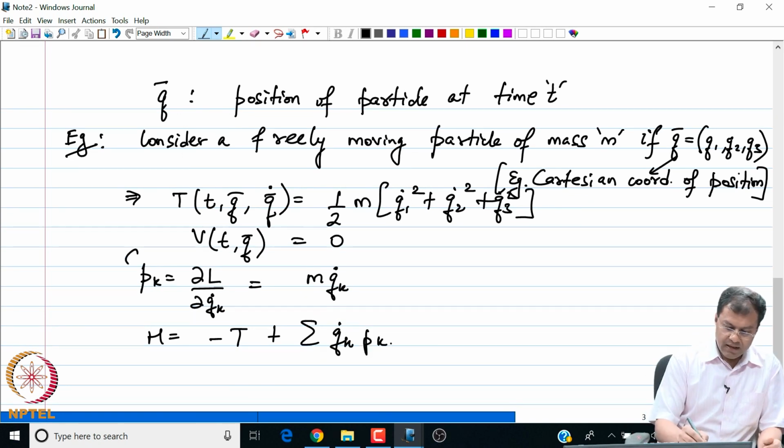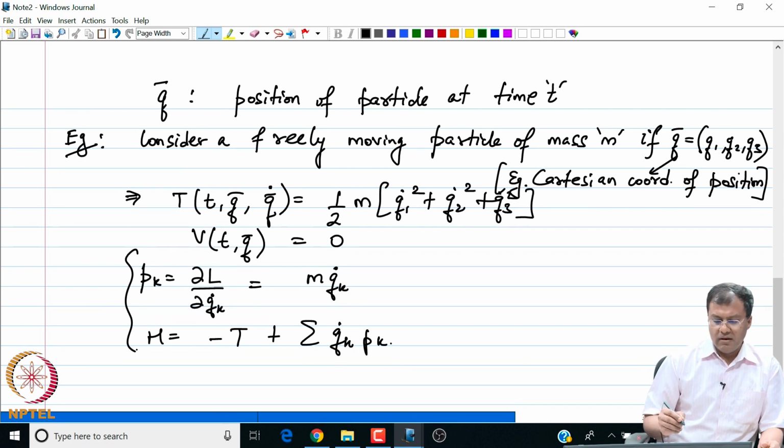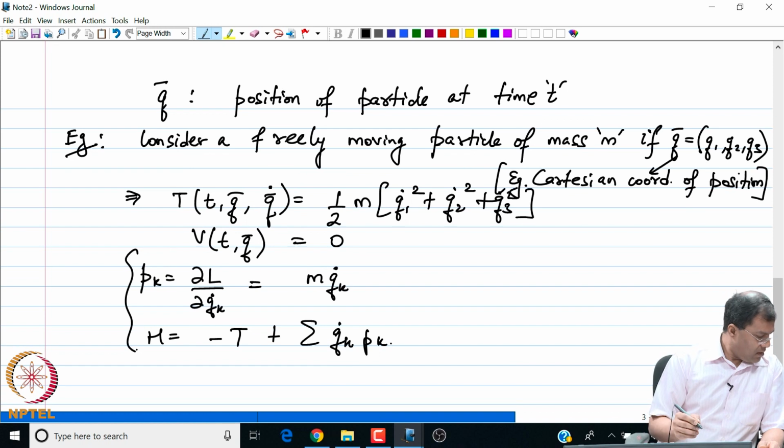So these are my new variables in the Hamiltonian formulation for this example.